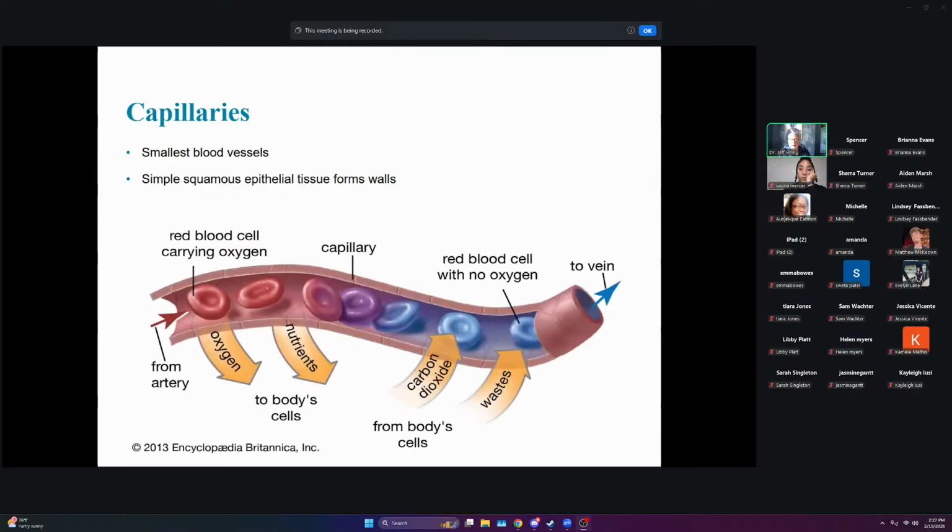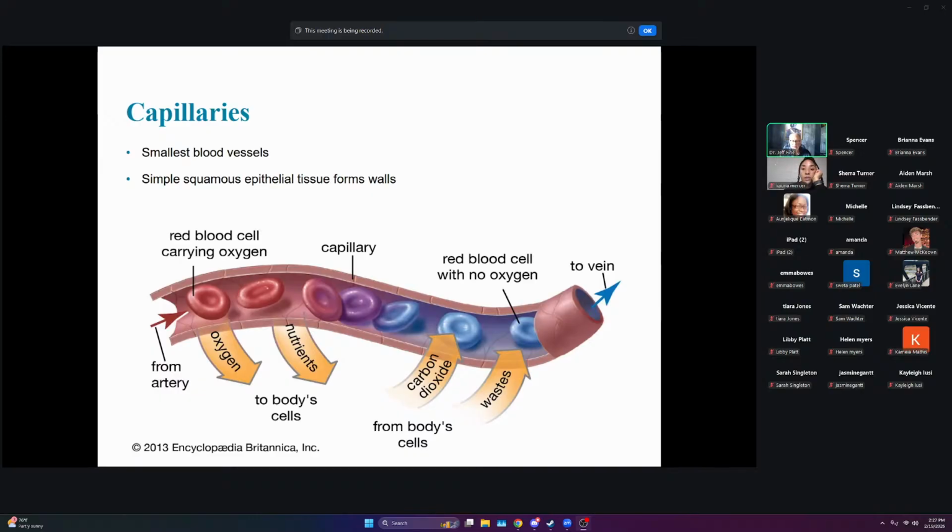All right, capillaries, just talked about this. All right, they are composed of simple squamous epithelial tissue. Okay, again, there are millions of capillaries. When we learned about tissues, we learned about those paper thin, fish scale like simple squamous epithelial tissue.